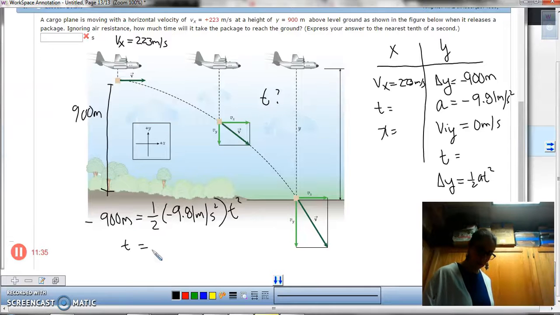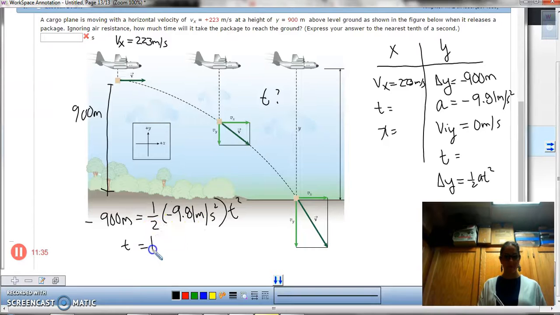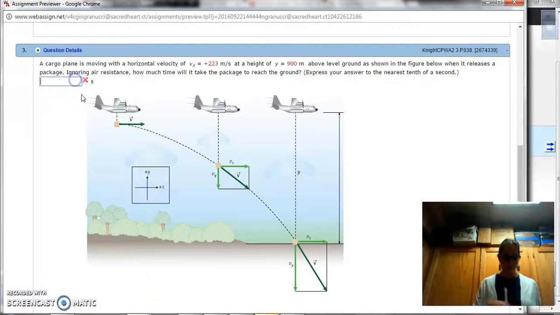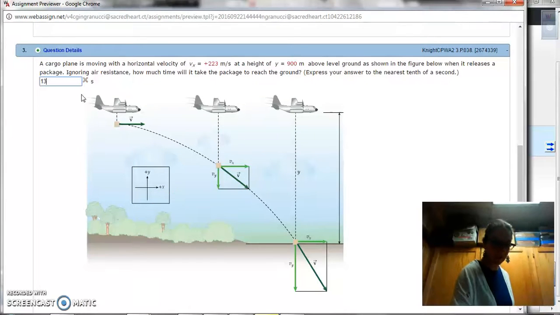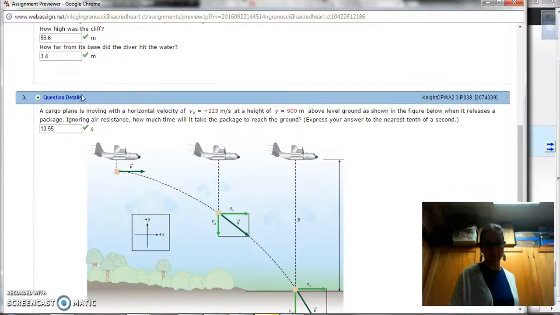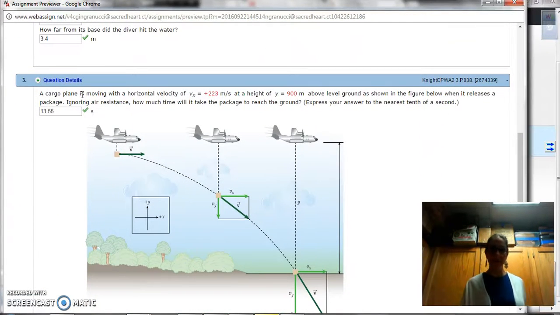I'm calculating now. 13.55. So it's not too bad, as you can see. What did I get? 13.55? Yeah, not too bad right there, right?